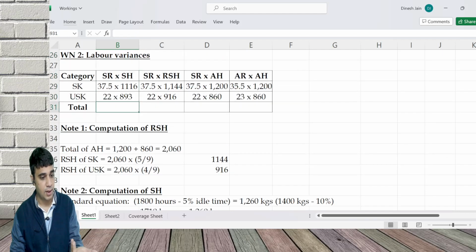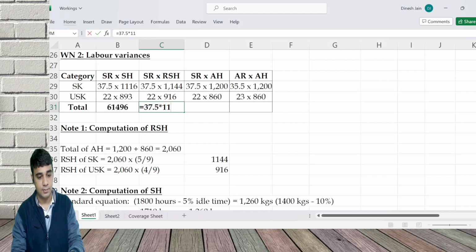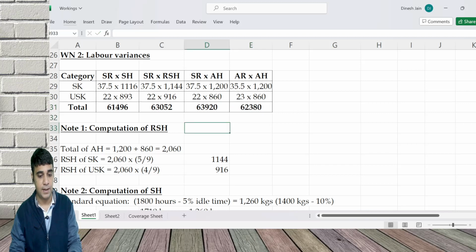So let's quickly close this now. 37.5 into 1116 plus 22 into 893. Keep calculating this. Beyond this, it's more of your work. If you have doubt, you can refer the screen. Otherwise, do multiplication.